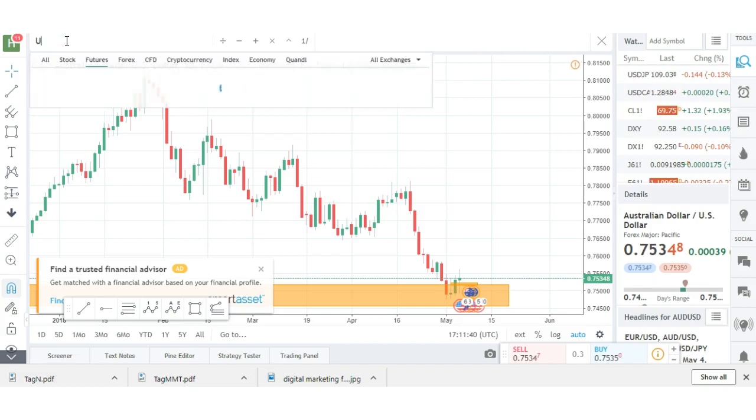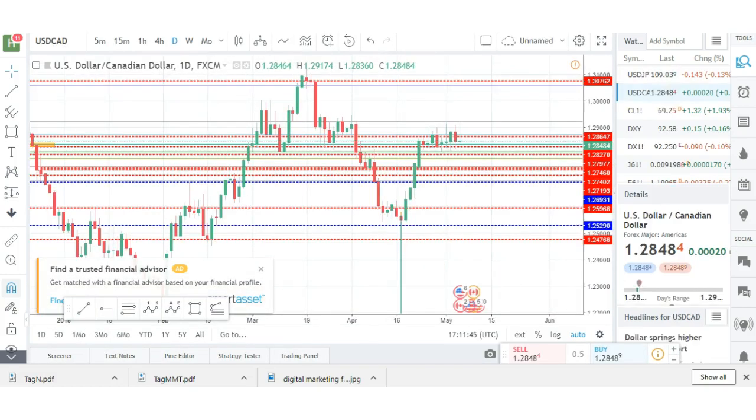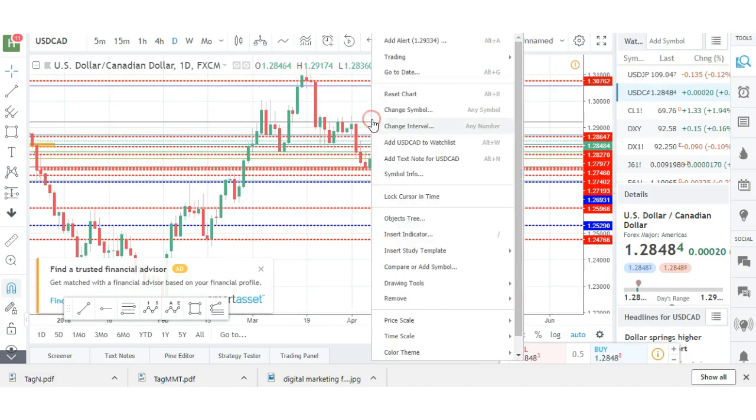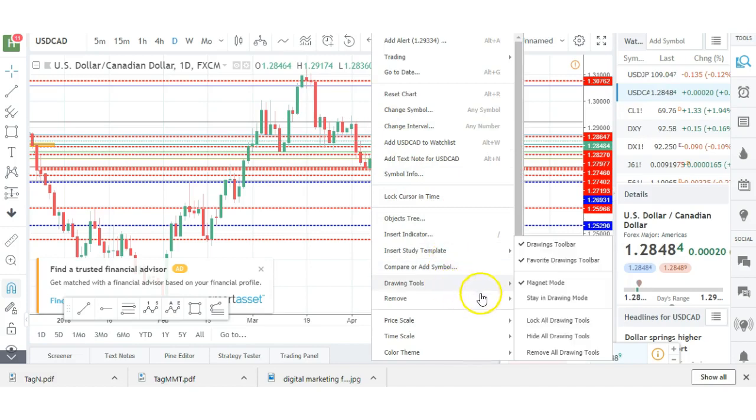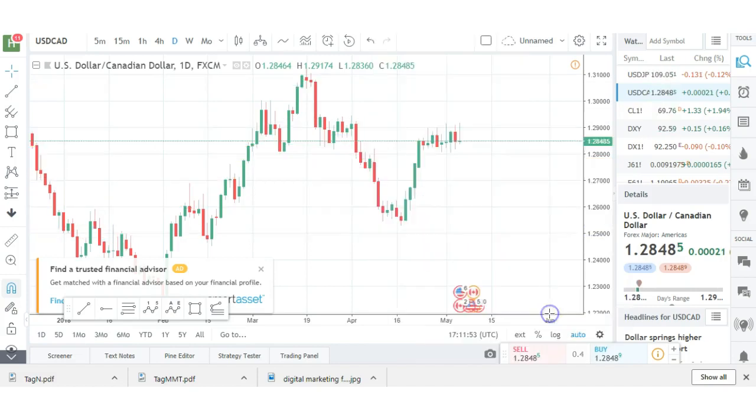One last one we'll look at. I like the CAD, dollar CAD here. I'm gonna clear this out here. Okay. We have some news, some big heavy news coming up. So keep that in mind.